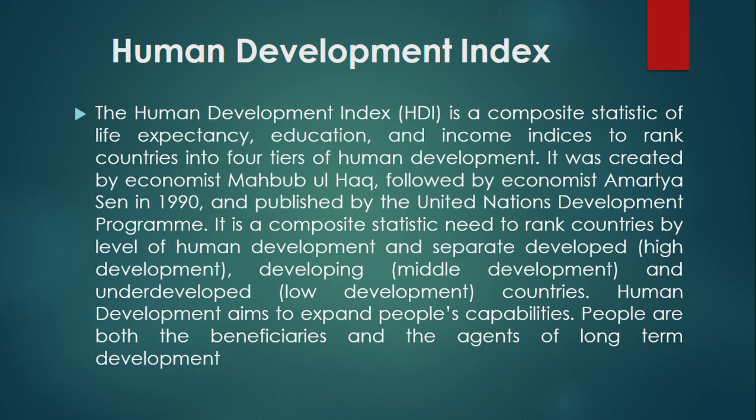It is a composite statistic used to rank countries by level of human development and separate developed (high development), developing (middle development), and underdeveloped (low development) countries. Human development aims to expand people's capabilities. People are both the beneficiaries and the agents of long-term development.